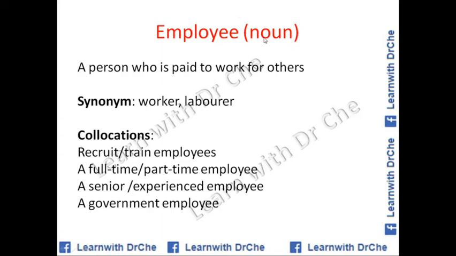Employee. Employee is a noun, it means a person who is paid to work for others. Synonyms are worker or laborer. Collocations that you can use are recruit employees, to train employees. You can say also a full-time employee, a part-time employee.